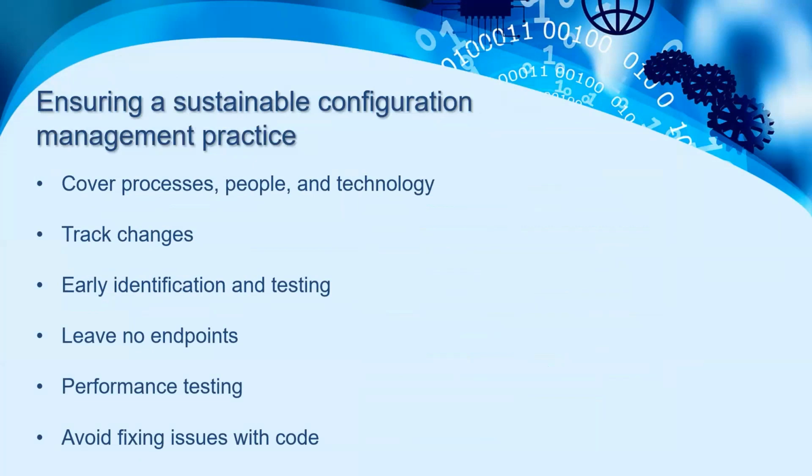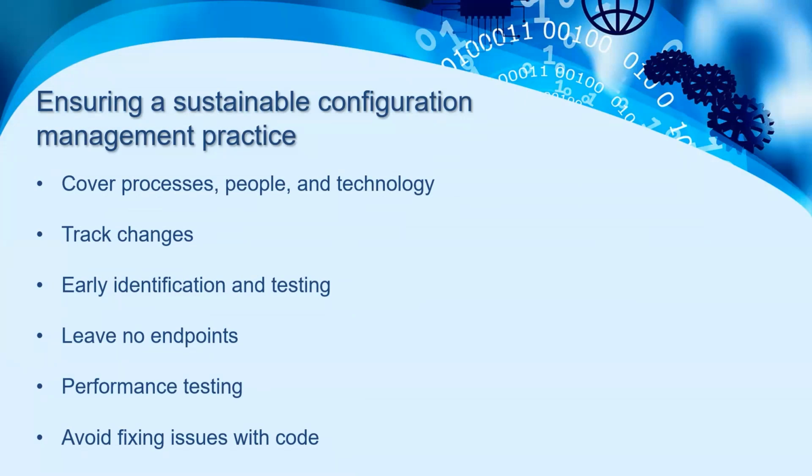So having looked at all of these inputs and outputs, we then need to ask ourselves a question. How do we ensure a sustainable configuration management practice within an organization? One thing I would like to bring to our attention is that for configuration management to be effective in an organization and for it to be sustainable, it's important that it covers processes, people, and technology, right?